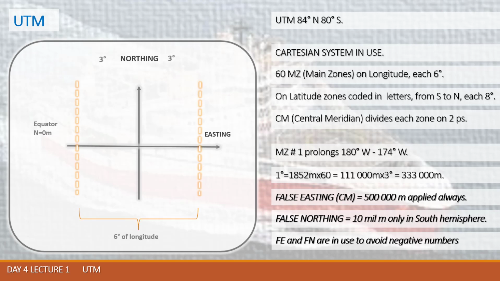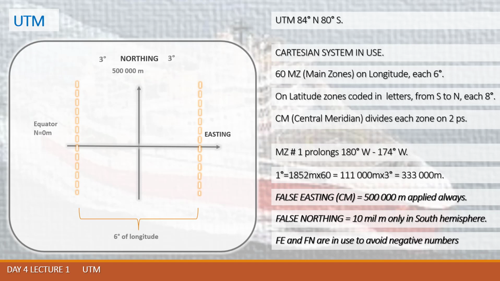The central meridian is assigned the value 500,000 meters, and this is the false easting artificial offset which is always applied. Because if you move in a Cartesian coordinate system to the left, then probably negative numbers would appear.